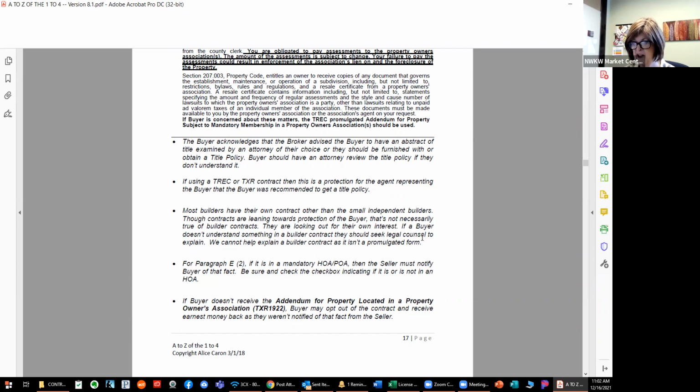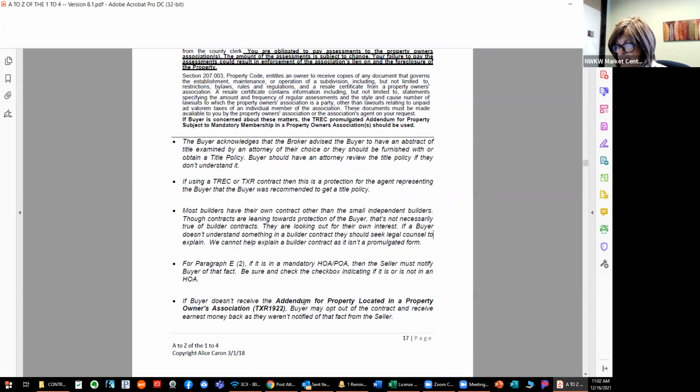These tract home and custom builders out there have their own contracts, and you need to use whatever contract they're suggesting. You can't say, oh no, I don't want to use your contract, I want to use the Texas Realtors. No, that's not going to happen. They're going to say, okay, well, don't let the door hit you when you leave, and we'll next come on in and buy this house.